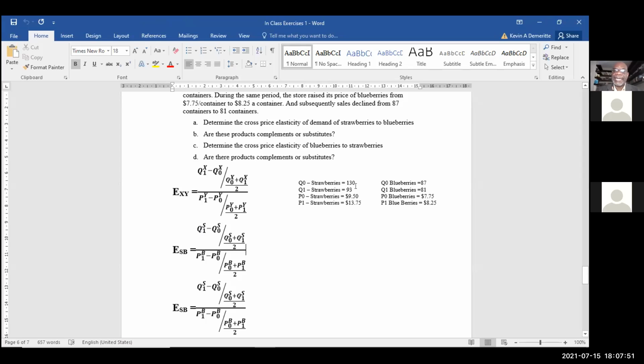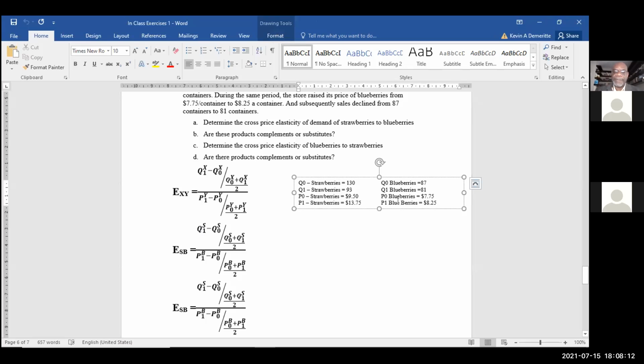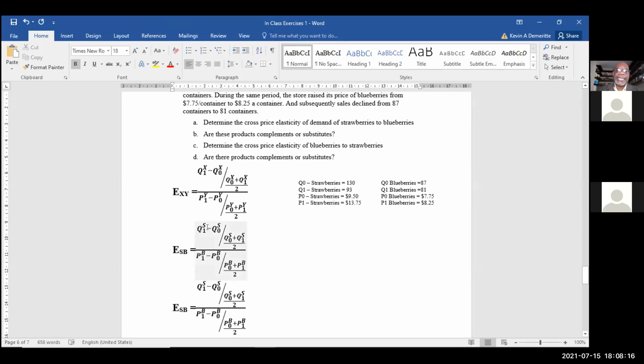In class last time, we got Q0 and Q1 for strawberries, P0 and P1 for strawberries, initial and new quantity for blueberries, and initial and new price for blueberries. I got that last one wrong, but that's okay. Let me fix that as a lowercase b.